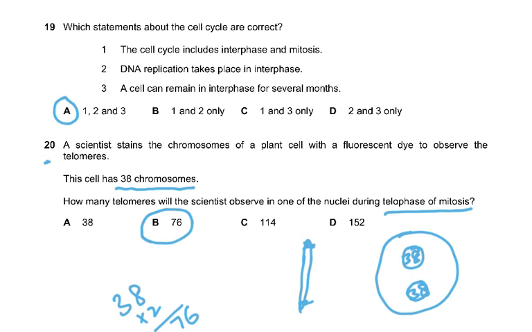Telophase, T for telo, T for two. So one cell has two nuclei, and then two cells will be formed. Both cells will have 38 chromosomes because this is mitosis. Chromosome number remains the same. And as each chromosome has two ends, it has two telomeres. So 38 will have 76 telomeres.